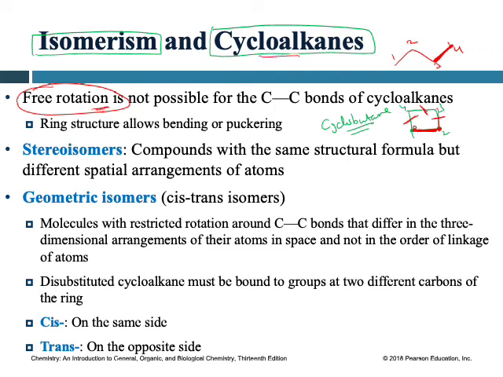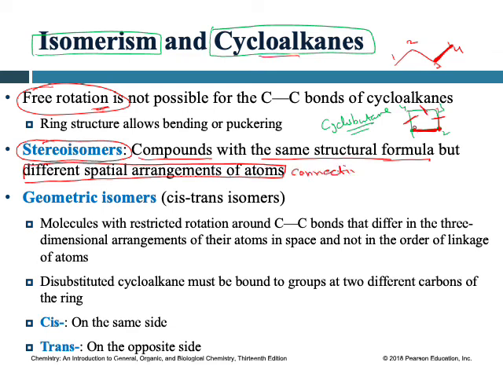So because of this, we're going to learn about a special isomerism called stereoisomerism. What are stereoisomers? Those compounds with the same structural formula, same molecular formula, but different spatial arrangement of atoms. It means the connectivity of atoms will be the same.